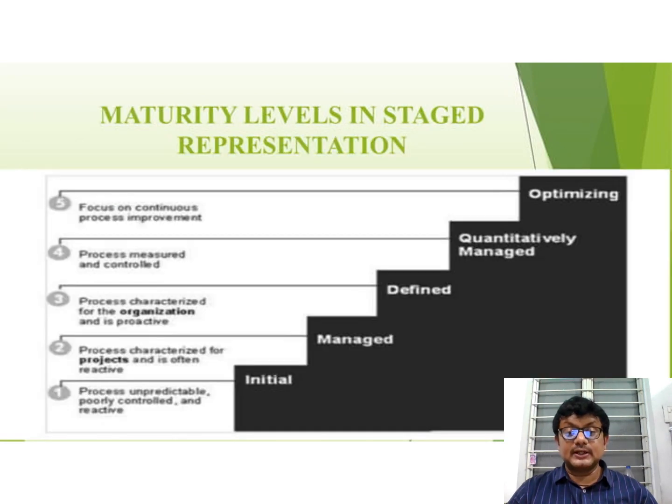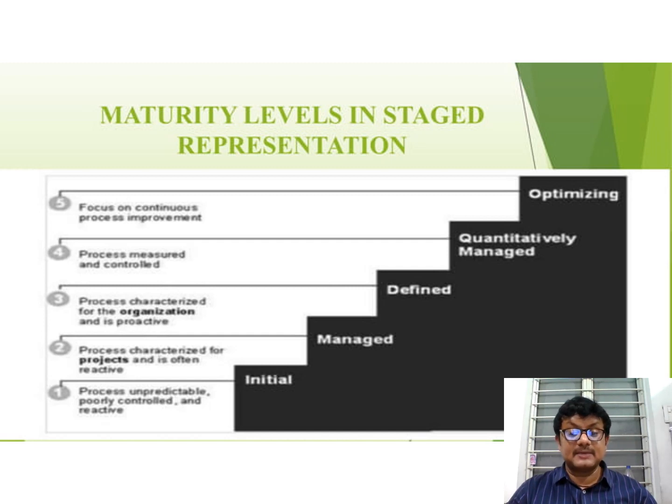What are the maturity levels in staged representation? Here we can see the first one is initial: the process is unpredictable, poorly controlled and reactive. That is the first step. In the second, managed: the process is characterized for projects and is often reactive.